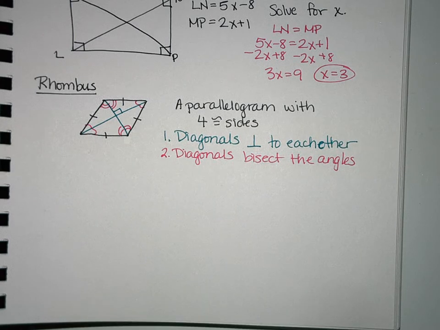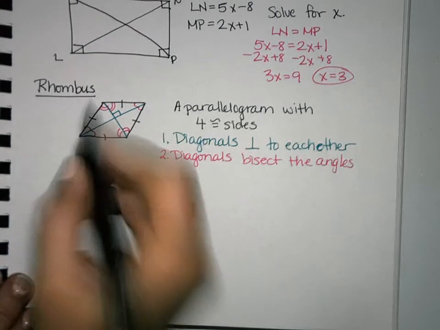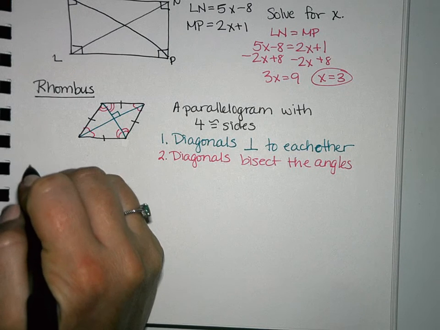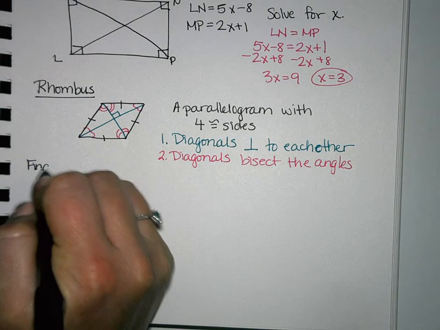We're going to do two examples here, and both of these we're going to be finding the missing angle.